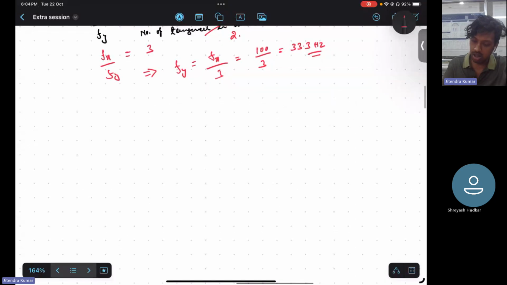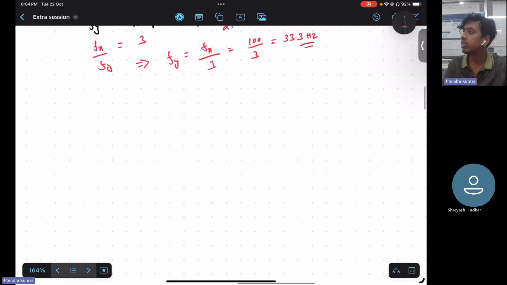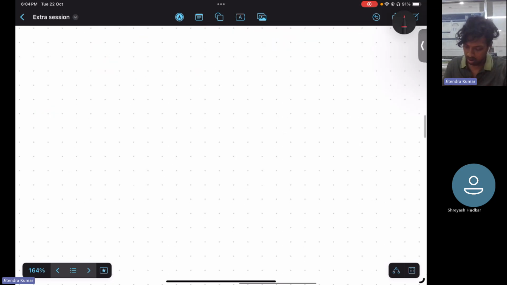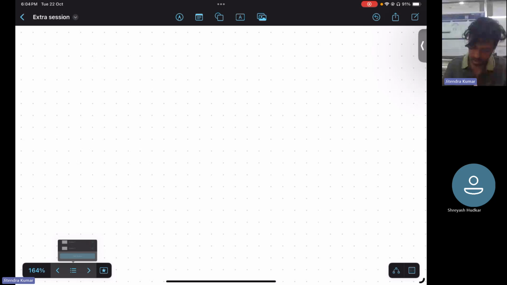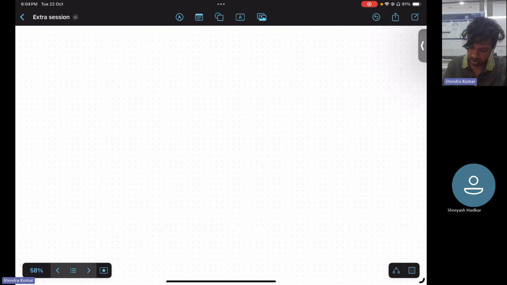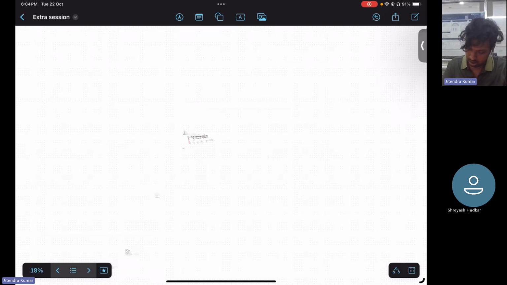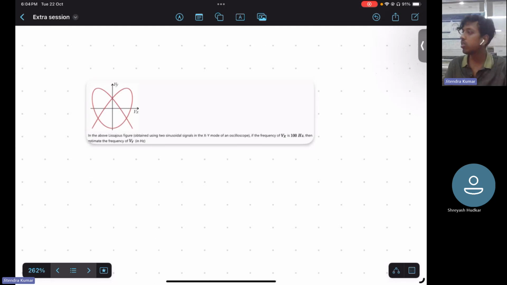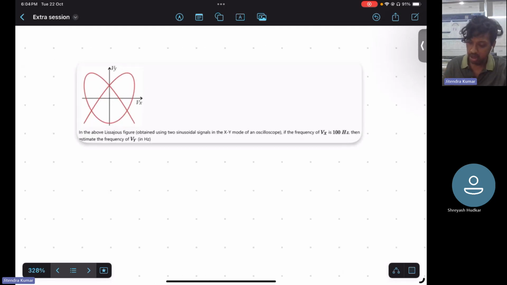Now, another question asked in that week's assignment was this other Lissajous pattern. We needed to find out the frequency of Vy. So we will do the same thing again.